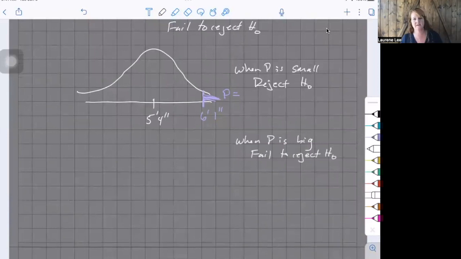Now, why that language? Let me give you a situation. A person's on trial for a crime, and the jury's responsibility is to listen to all the evidence and decide if he is innocent beyond a reasonable doubt. Okay.